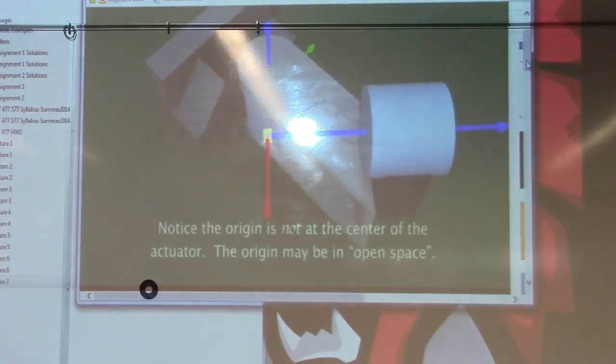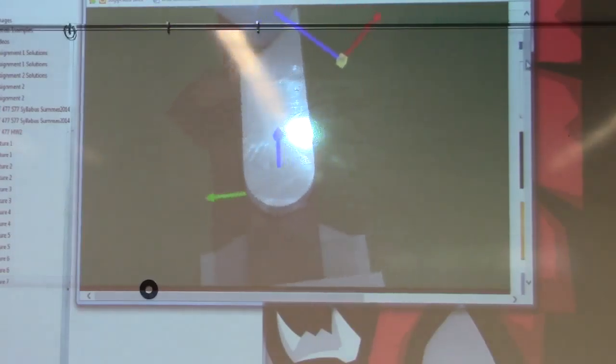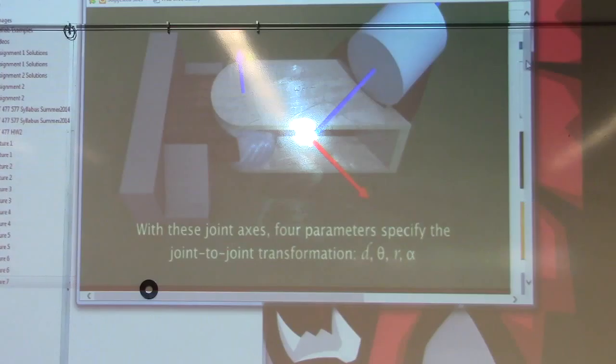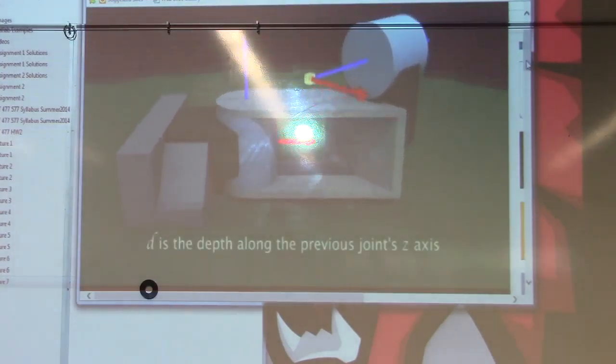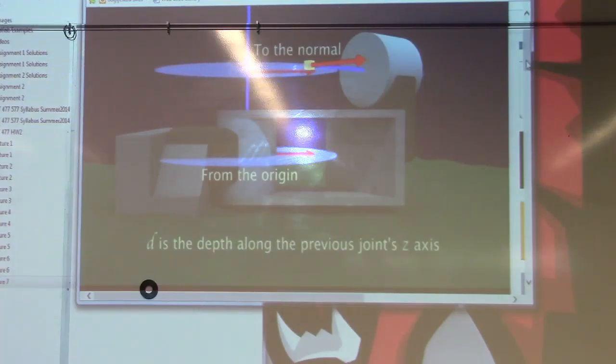Notice the origin is not within the physical actuator, because the DH parameters are only concerned with the motion of the links, not the physical placement of components. Using this protocol for laying out the reference frames, only 4 parameters are needed. The first of these, d, is the depth along the previous joint's z-axis, from the origin to the common normal.